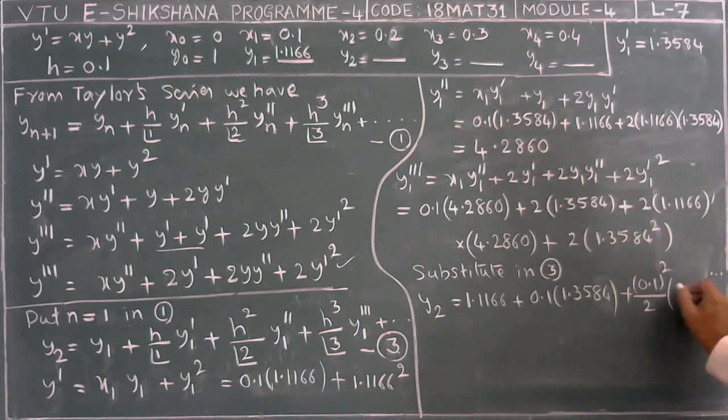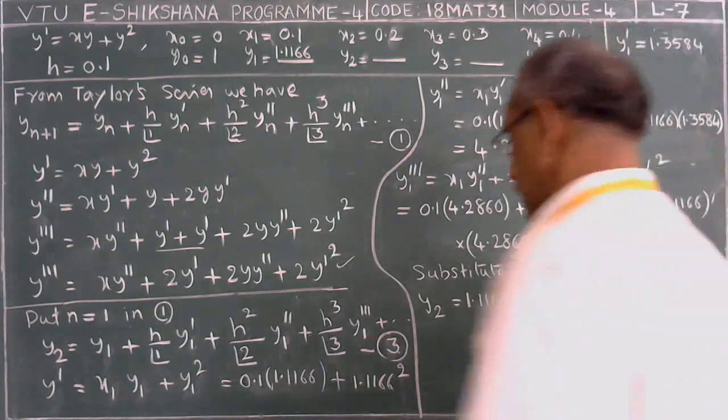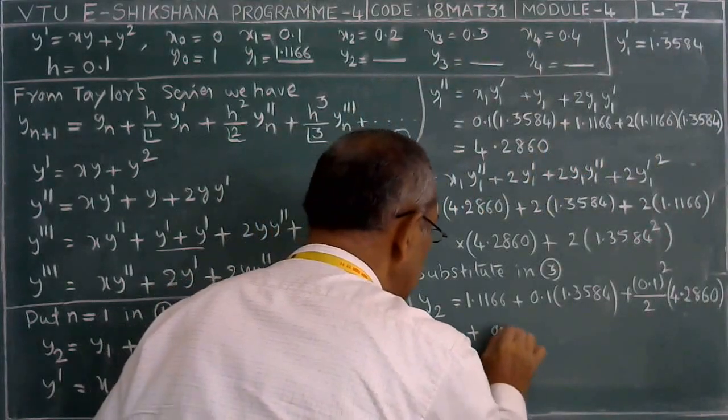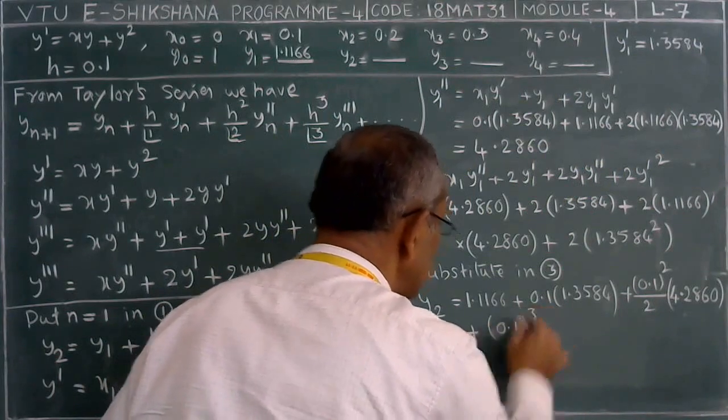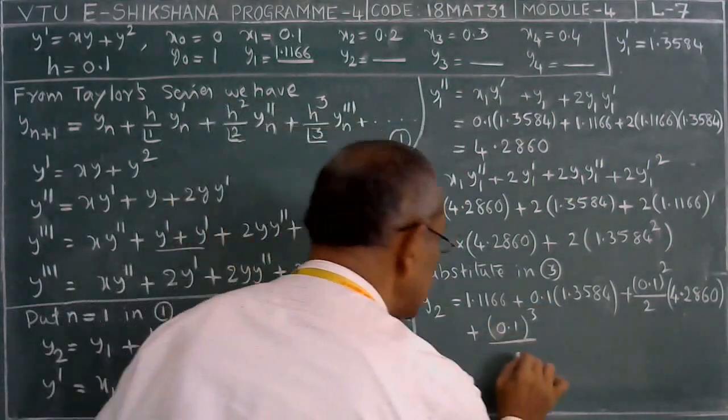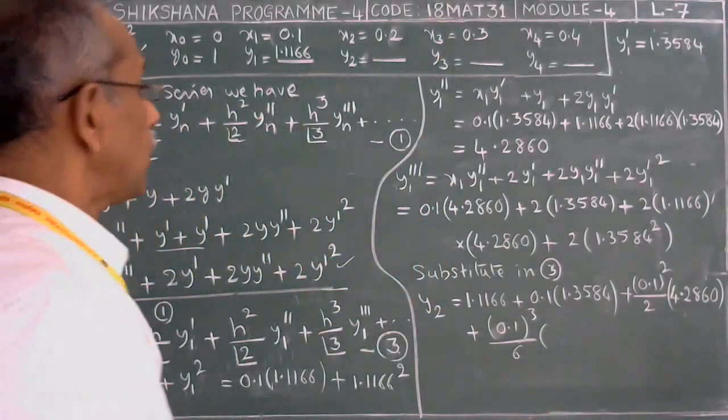Y1 double dash is 4.286, then plus 0.1 whole cube divided by 6 into y1 triple dash.